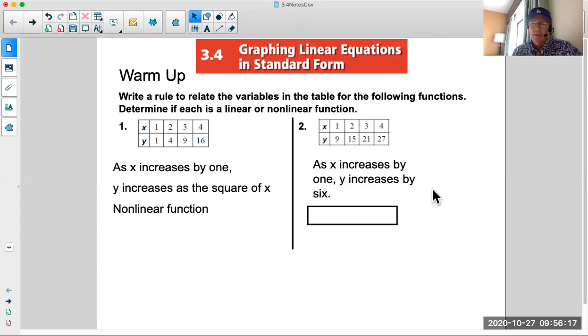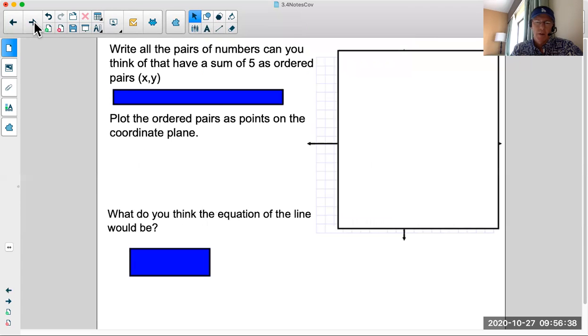Do you think that's linear or nonlinear? Well, hopefully you said linear, right? Because each time you go over to the right one on the graph, you're going to go up 6. And think about it, if you went onto Desmos and you actually graphed those points, or graphed them on any kind of coordinate system, even if you just drew it, you would see that the points would connect and form a line. All right, great.